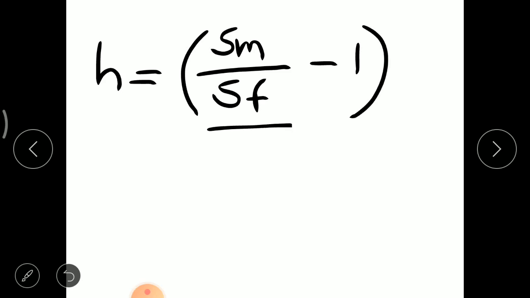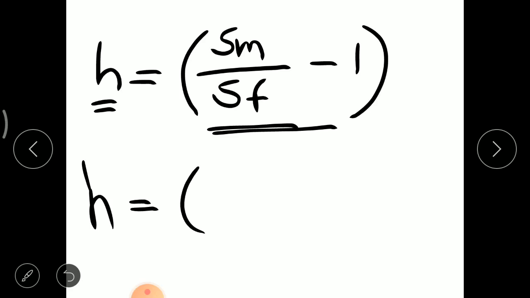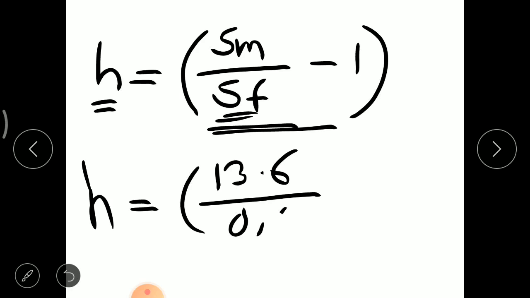By this expression we can determine the difference of the oil mercury gauge in meters of water. Now H is equal to S of mercury, which is 13.6, a fixed value for mercury, divided by S of oil, which is 0.8 as given in our problem, minus 1.